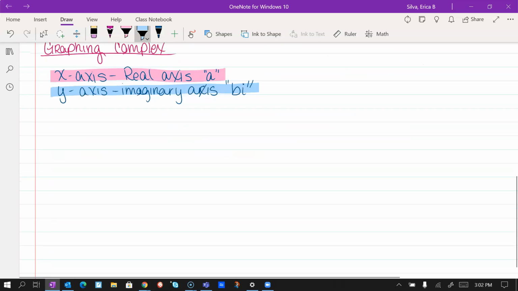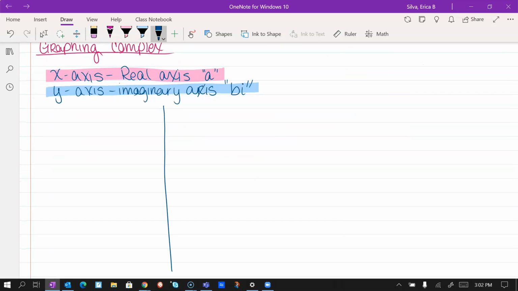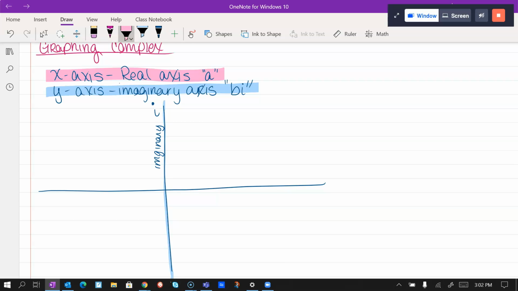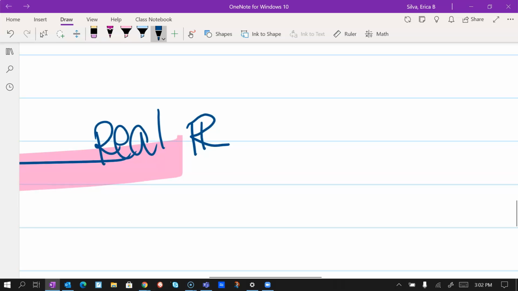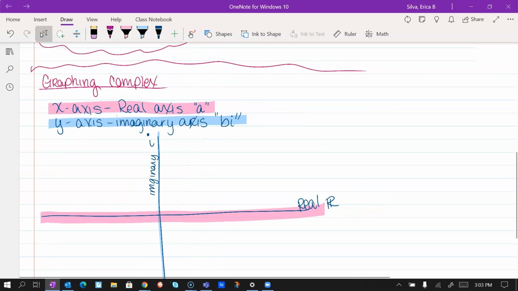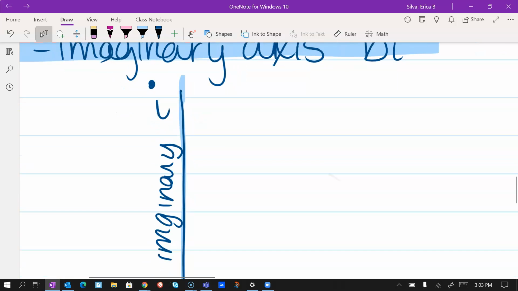All right, so let's go ahead and sketch my axis, where my y-axis is my imaginary axis and my x-axis is my real axis. And I'm going to use two little lines and then an R to label it. You don't have to, but I like to label my axis. So that's going to be R for real, and this one I'm going to label I for imaginary.